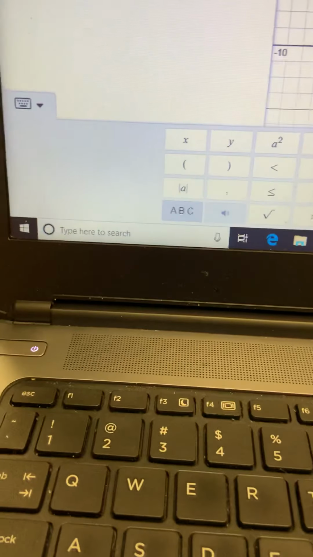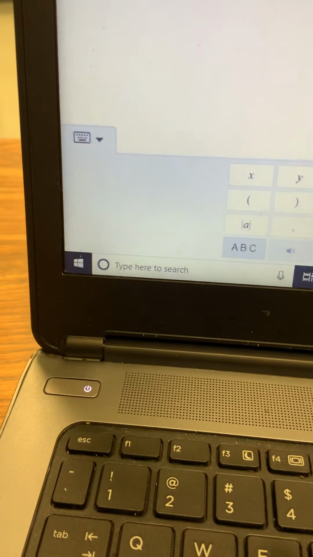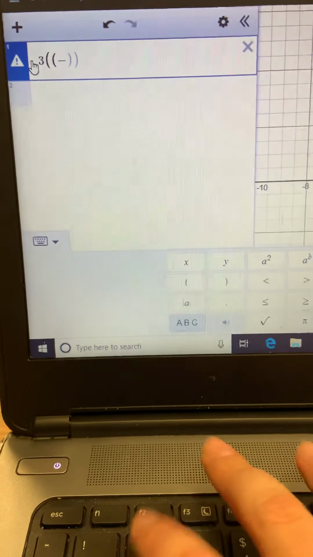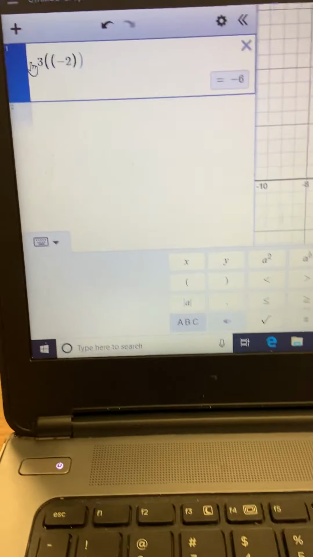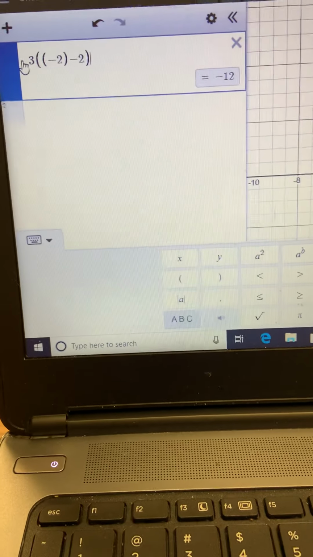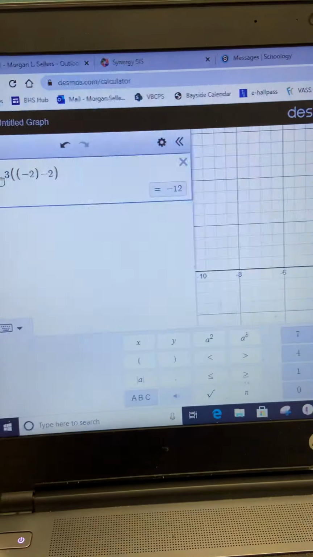So I'm going to do 3, open parentheses, another set, then negative 2, minus 2, and close. Okay, so negative 12, and when I did it by hand, I also got negative 12. So this is a good way to check yourself.